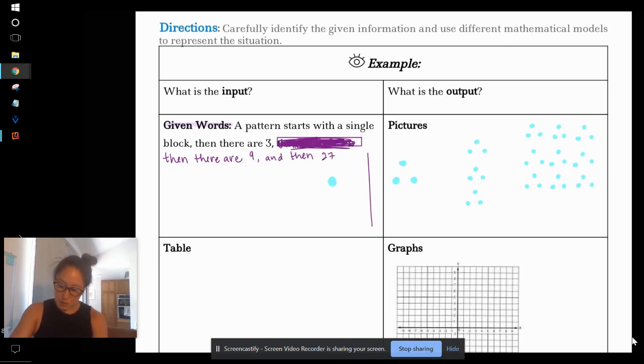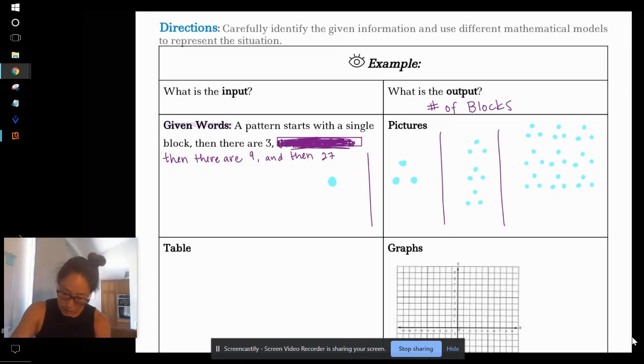So what I want to do is think about what the output is. The output is the number of blocks, is what we're measuring. And the input is how do I know when there's 9 blocks or when there's 3 blocks?